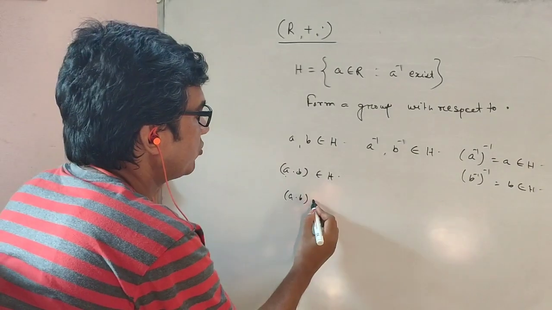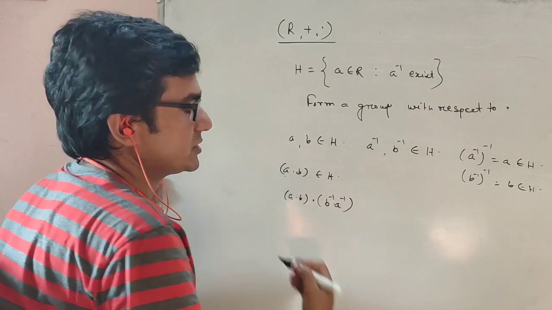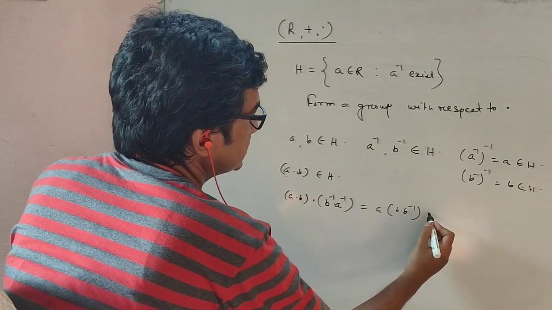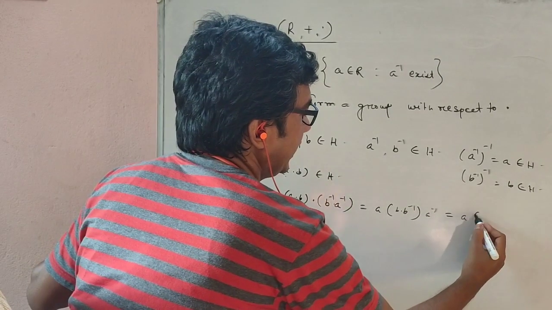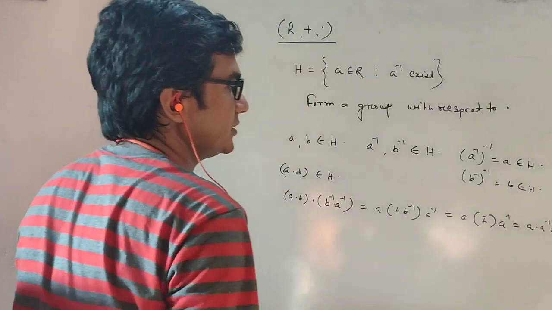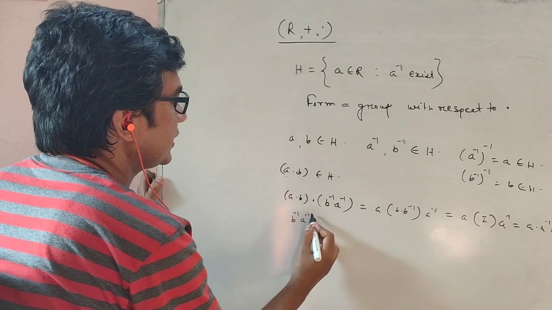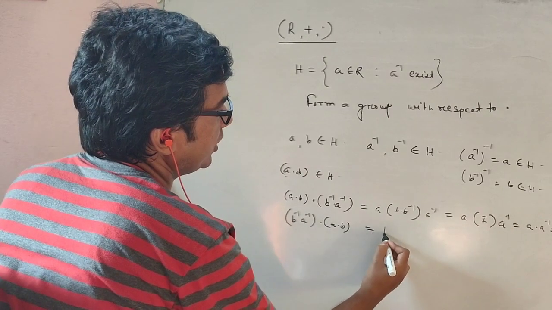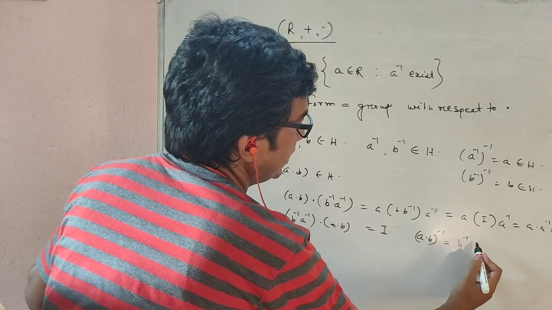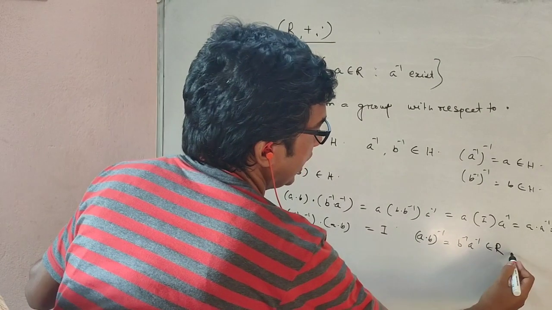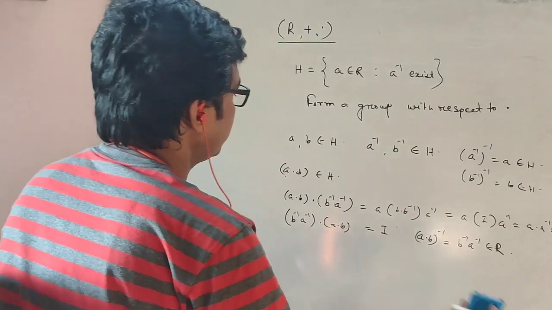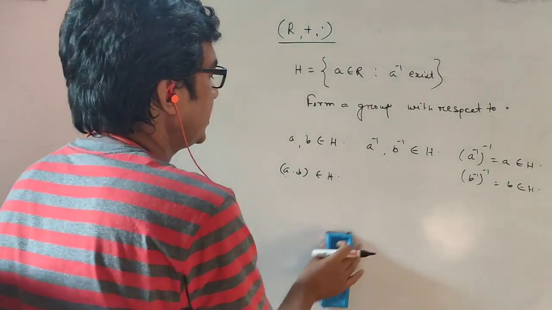Now A dot B dot B inverse dot A inverse equal to A, B dot B inverse, A inverse, equal to A I A inverse, A dot A inverse equal to I. Similarly, B inverse A inverse dot A dot B equal to I. So A dot B whole inverse equal to B inverse A inverse belongs to R. So A dot B must be a unit, that is A dot B belongs to H, and this is the closure property.